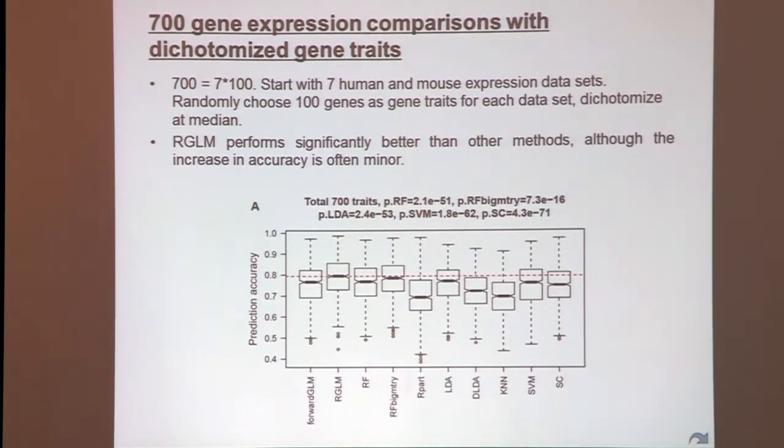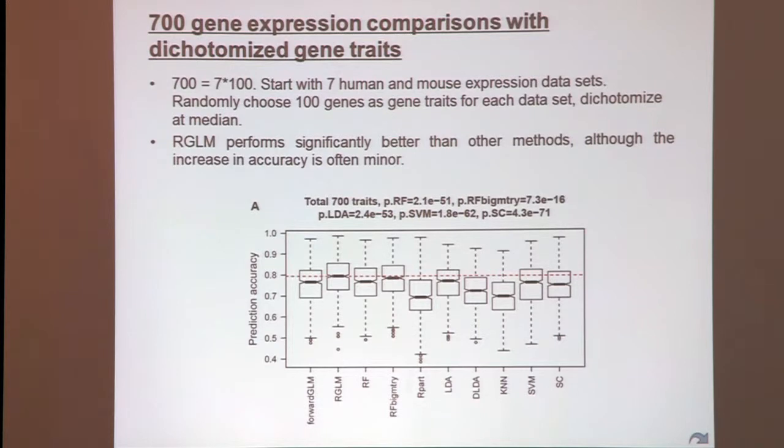We started with 7 human and mouse expression data sets. We randomly chose one gene and considered it a gene outcome or gene trait. Then we dichotomized that gene expression level by the median. And so suddenly we have a binary outcome. Then we used the other gene expression data to predict this binary outcome. Do you see? It's an artificial way of creating an outcome.